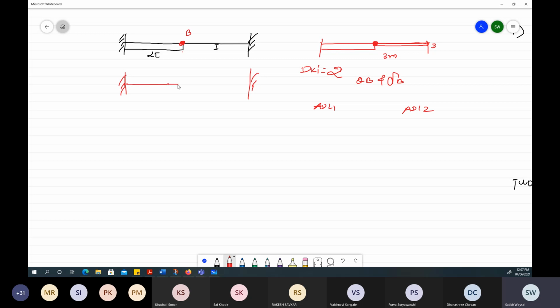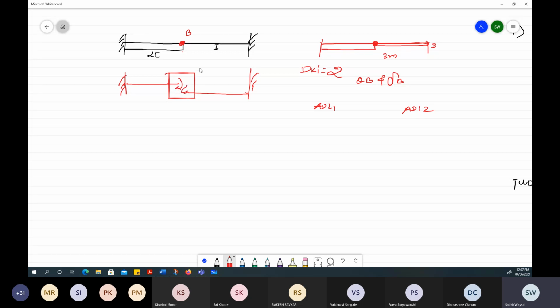Let us say up to B, with this and this. Okay, and we have to find this EI by L1. This is nothing but because of the moment, so we can have a moment over here.